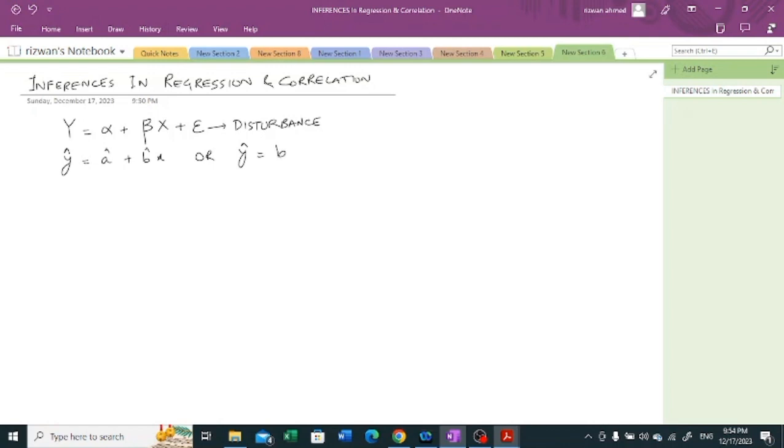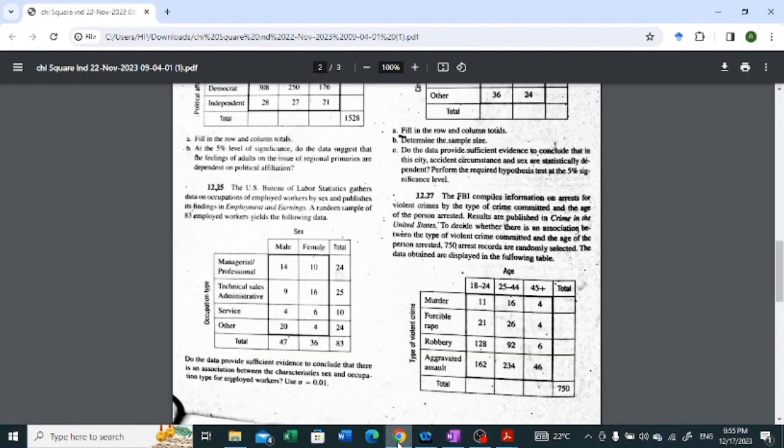Over here, A hat or B naught are intercepts of the regression model, whereas B hat and B1 hat in the first and second regression model are the gradient or the slope. So I'm going to fit a linear regression model at the first place, taking this as an example.